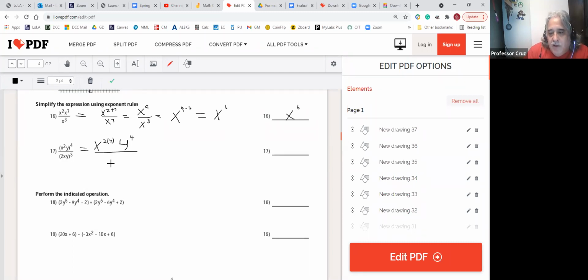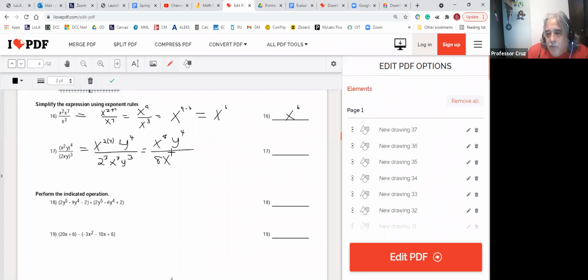Everything's going to get the cube. 2 gets the cubed, x gets the cubed, y gets the cubed. All right, so that's x to the 8th, y to the 4th. Nothing we can put together there. They're different variables. 2 to the 3rd is 8.